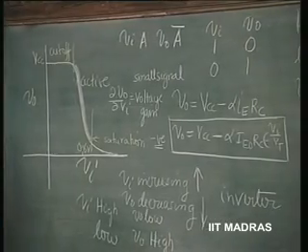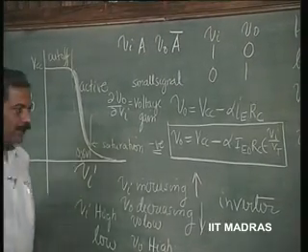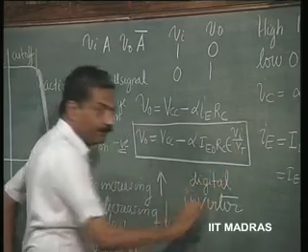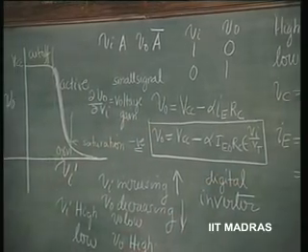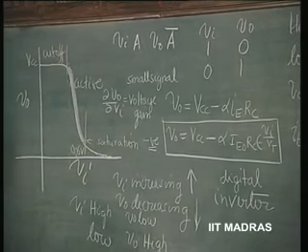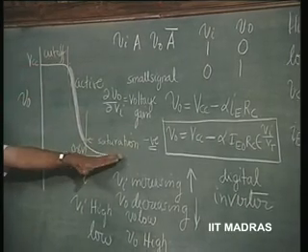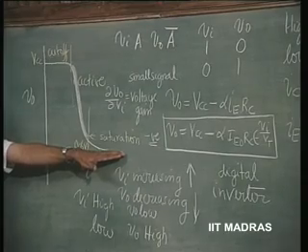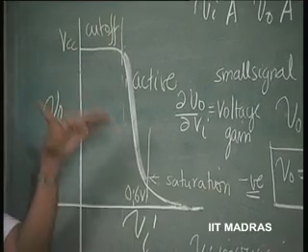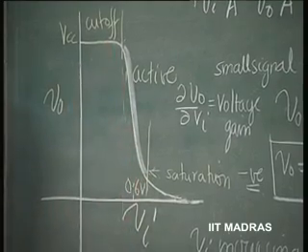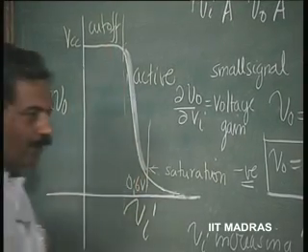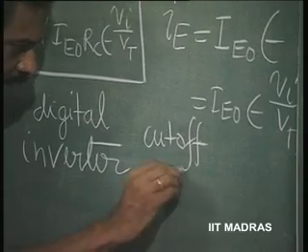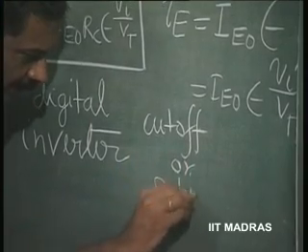So, this is also called a digital inverter as long as you are operating in the cutoff and saturation region. The V naught and Vi should be such that the operation is in the cutoff or saturation, not in the active region.